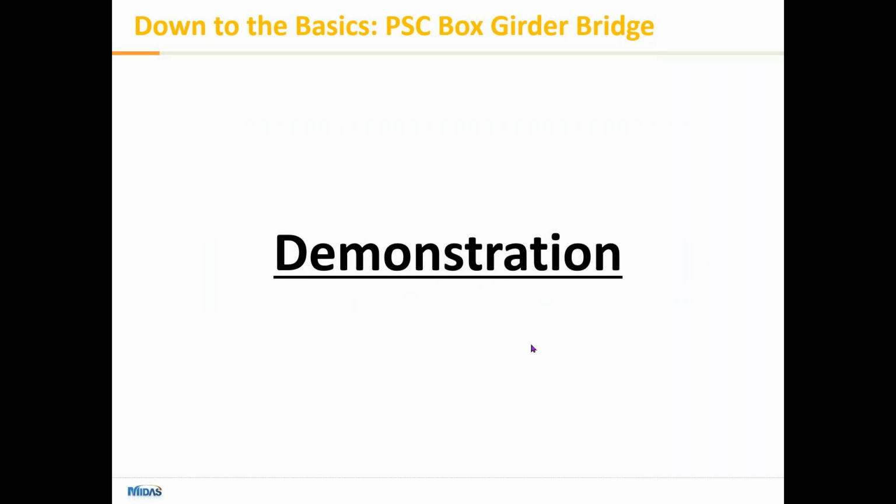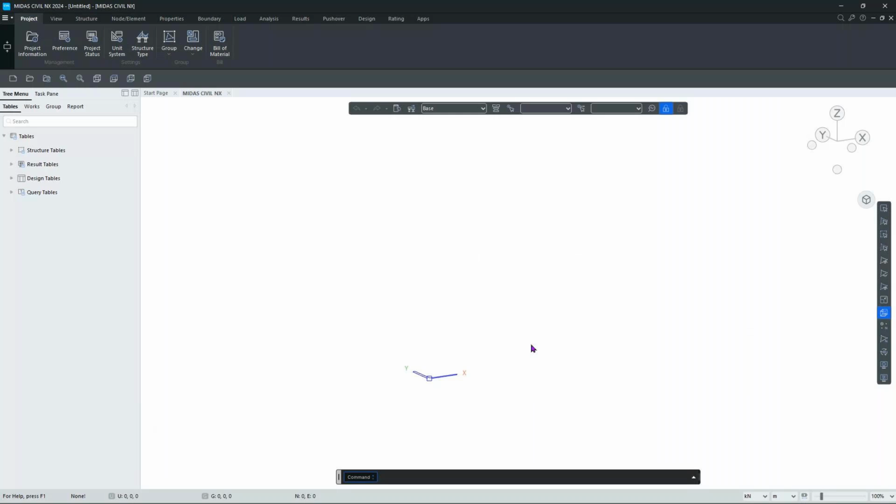Now let's move on to the demonstration part. Firstly, we'll try to define the material properties. Then we will define the section that we will be using in this particular bridge. Then we'll define the geometry of our bridge.